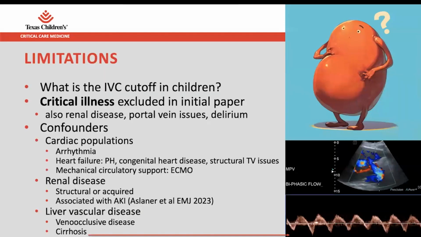So limitations are pretty glaring. Like, what's the IVC cutoff in children? Because we have this problem with kids all the time. We don't know what the normal IVC cutoff should be for some of the translations of this adult data. And with some of the great work done by Lei Chen up at Yale, we've taken to using the aorta as a standard.